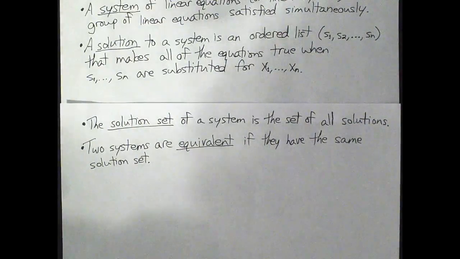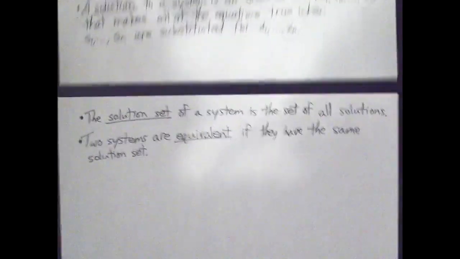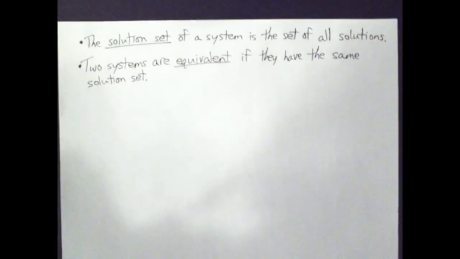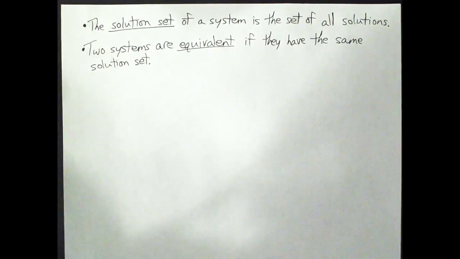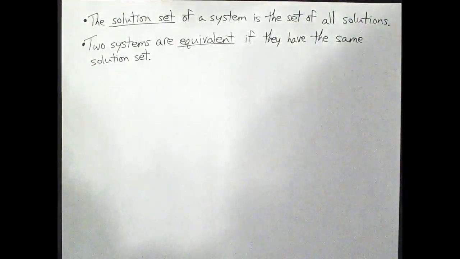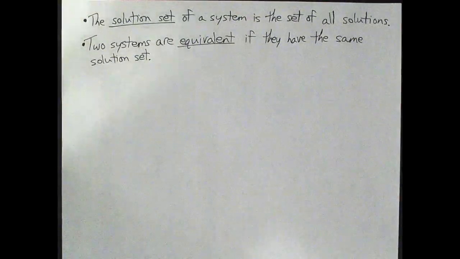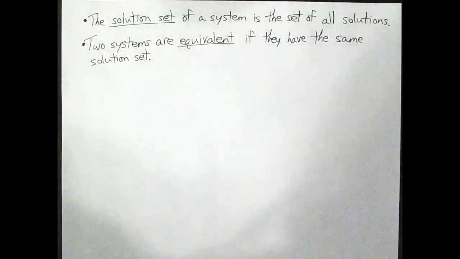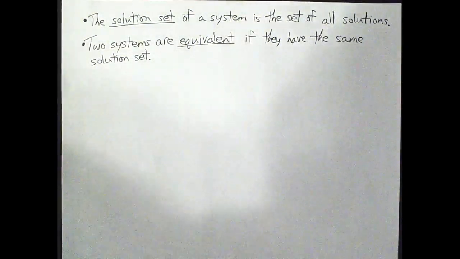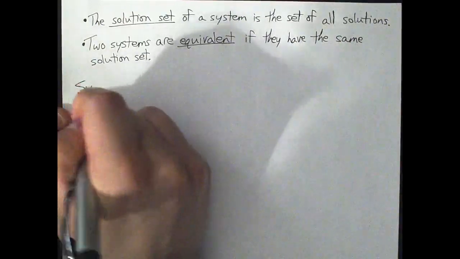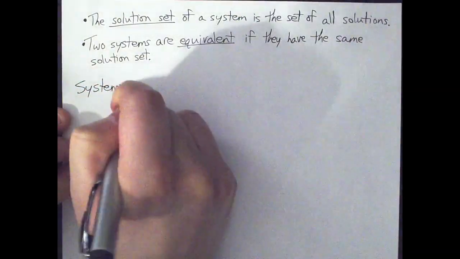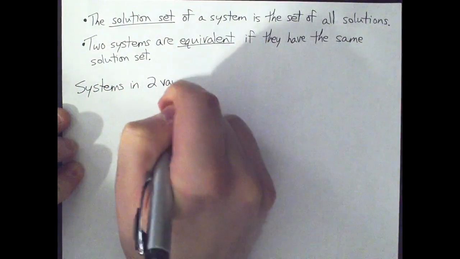So let's start by talking about small systems. Okay, I said earlier that n, the number of unknowns, could be any positive integer. We could have 10 unknowns. We could have 100 unknowns. But let's start by talking about systems in two variables.